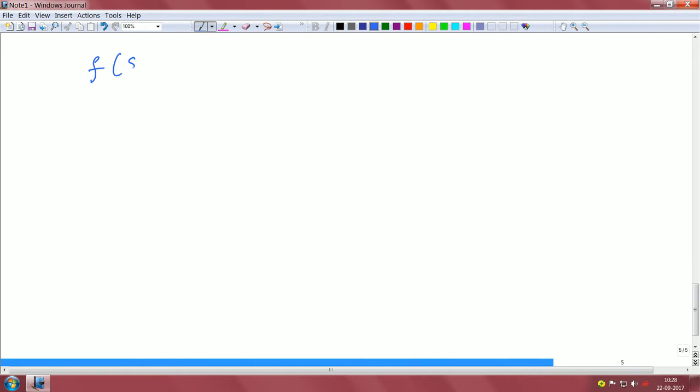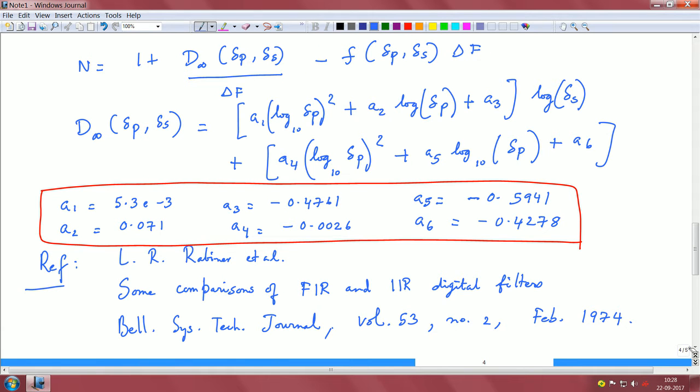F of delta p comma delta s is 0.512 log to base 10 delta p over delta s plus 11.01. So, if you are interested in figuring out how they arrived at this formula, you can look into this paper, which has some other reference papers, and that will give you some insight into how this is done.